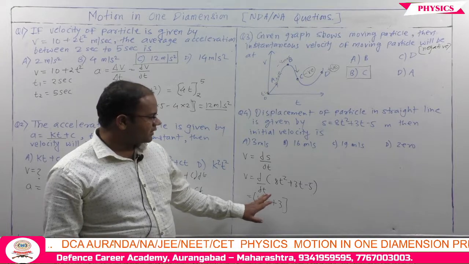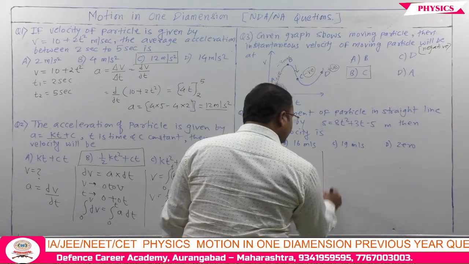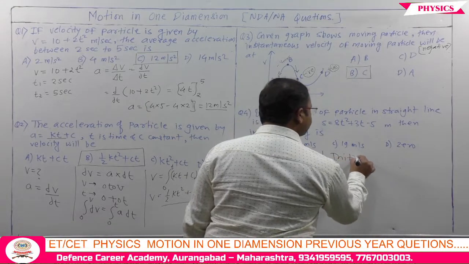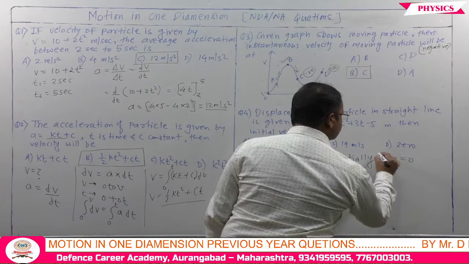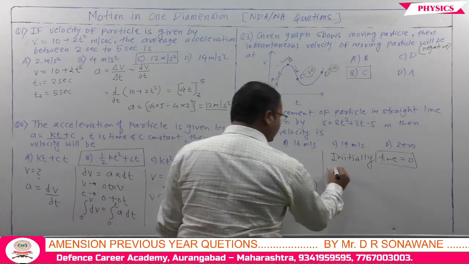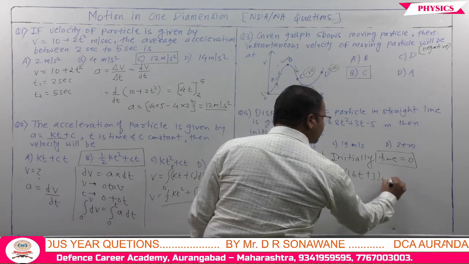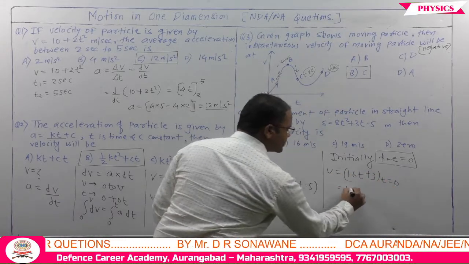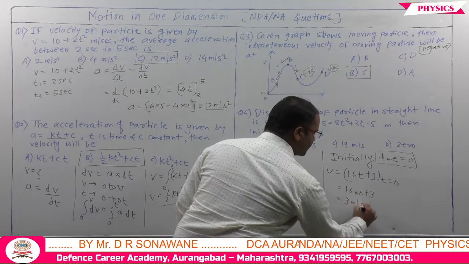So for calculating the initial value, we know that initially time will be 0. If we put t equal to 0 in this equation v equal to 16t plus 3, then we get 16 into 0 plus 3, that is equal to 3 meter per second.